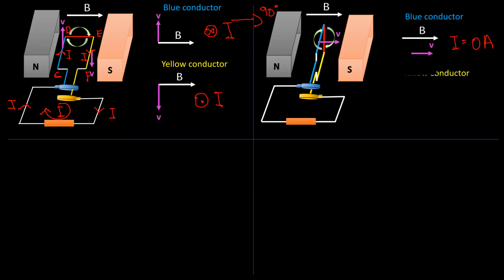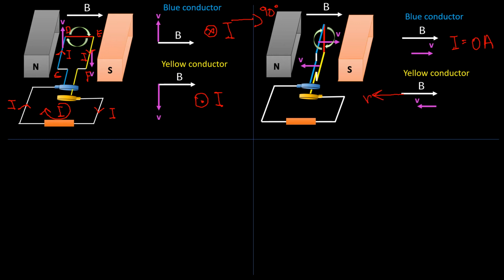Now for your yellow conductor, it happens to be moving to the left hand side, so your V is pointed to the left hand side and your B is pointed to the right hand side. Still, at this position, this yellow conductor is in the same plane, with opposite direction between each other.